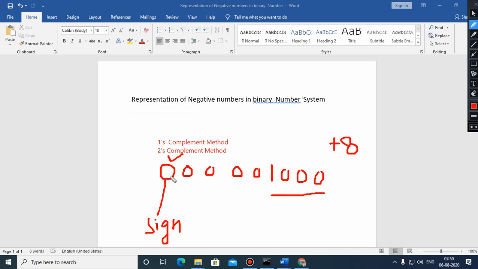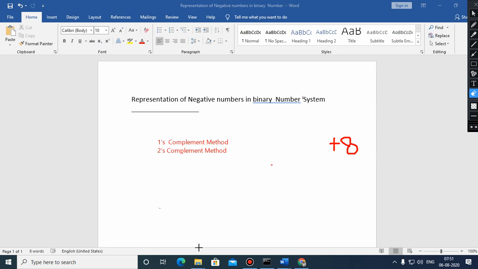If the sign bit is 1, then the number is negative, and I am going to explain that next. We have only two methods of representing negative numbers: the first is one's complement, and the second is two's complement.